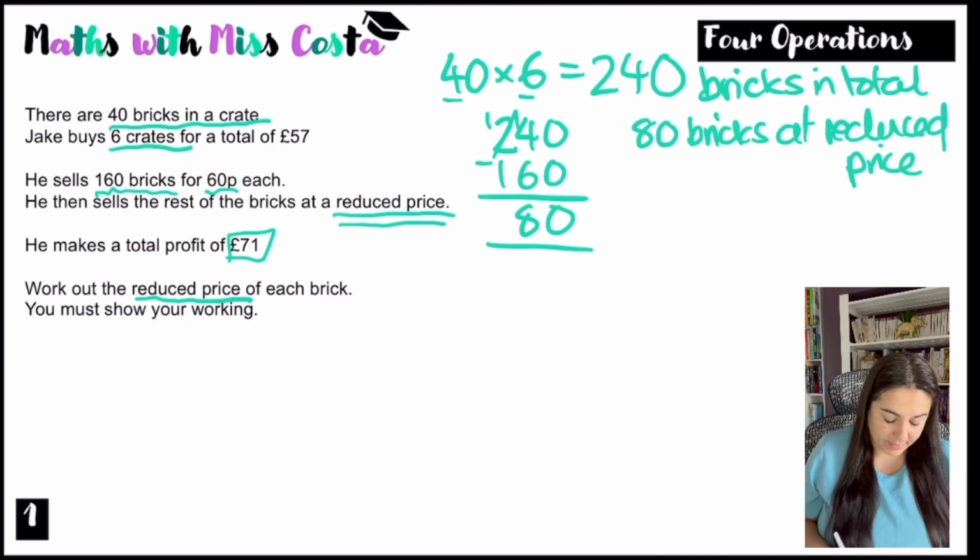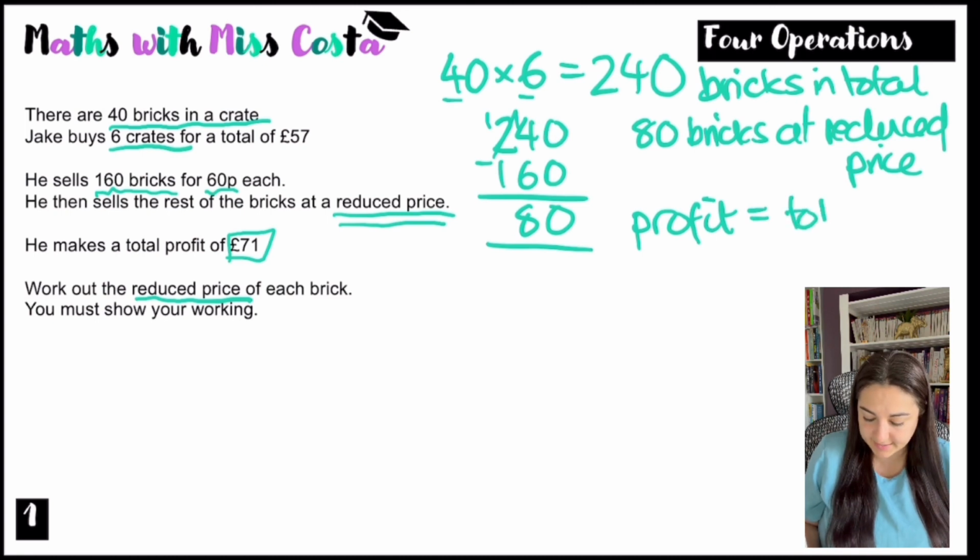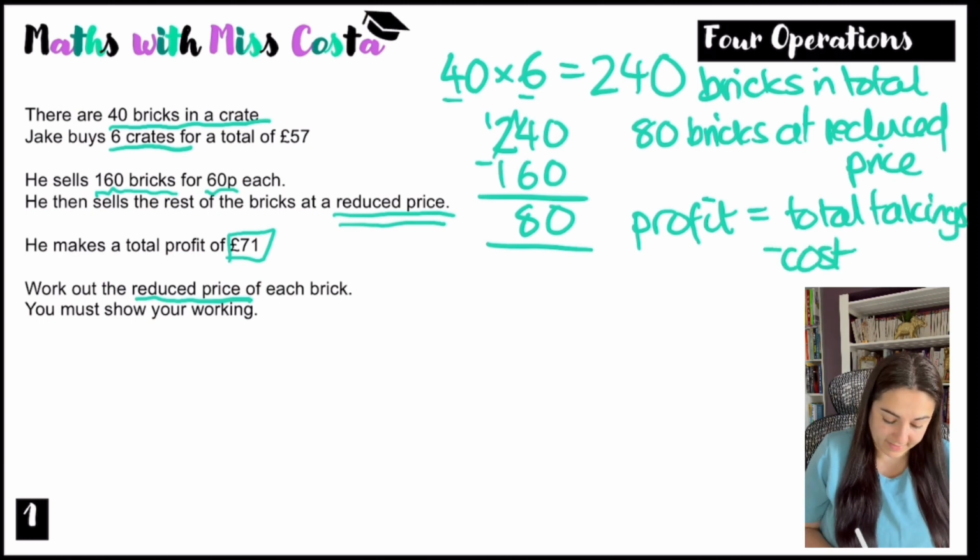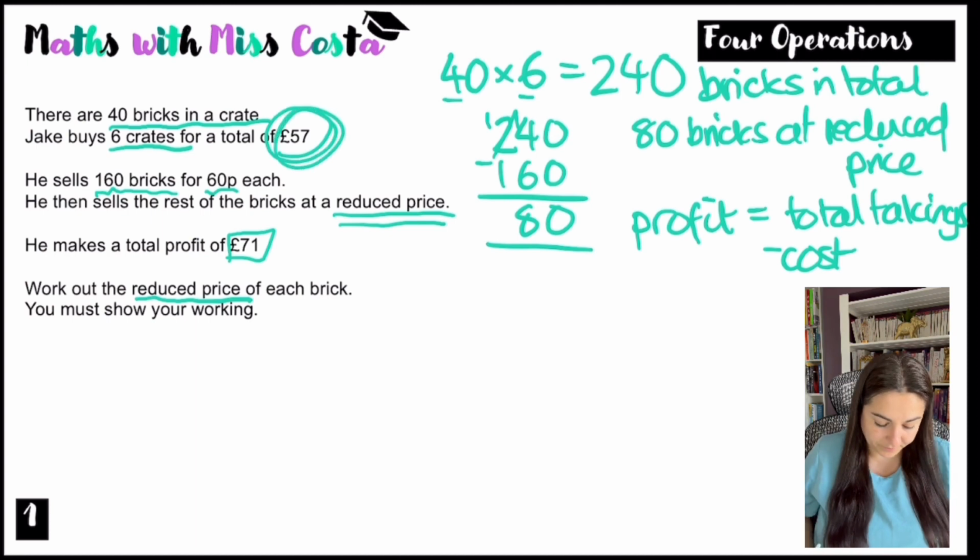Now he makes a total profit of £71. Now profit is what you have remaining once you subtract any cost. So total takings of the day take away initial cost, and that cost would be, in this case, £57.